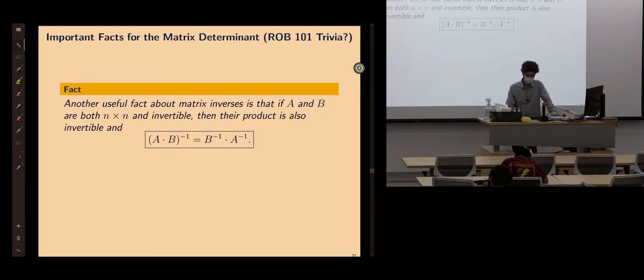Before that, a lot of facts today. We're verifying some of them. Maybe Jesse organized a trivia for you instead of the final exam and gives you Rob 101 t-shirts, maybe. Maybe that's what we should do. Replace final exams with trivia. Then half of the class can pass. What should we do with the other half? Shrugging.